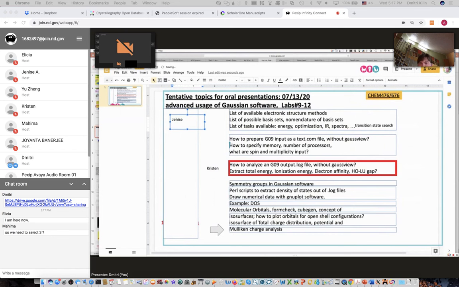We need to cover most of these subjects with all available class attendees. I'm just typing the names. And maybe FAM will join later, maybe not.